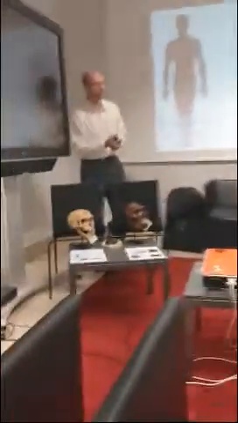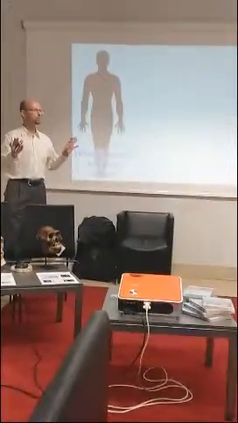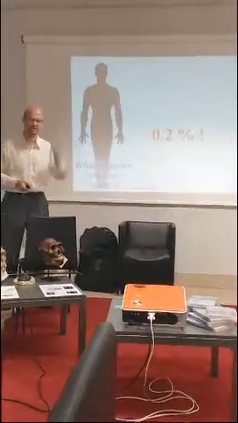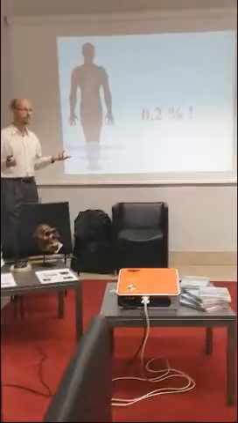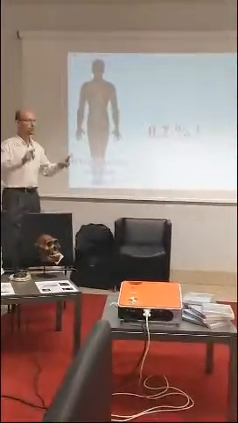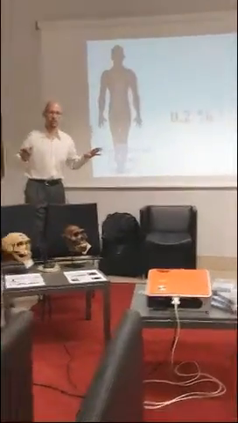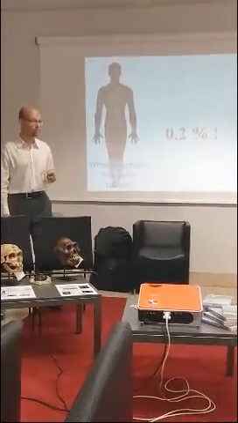So going back to these races, what is the difference between the races? I would like to propose that the difference between the races is 0.2%. What does this mean? I'm talking about genetics. The difference between any 2 individuals on this planet is only 0.2% of our genome.